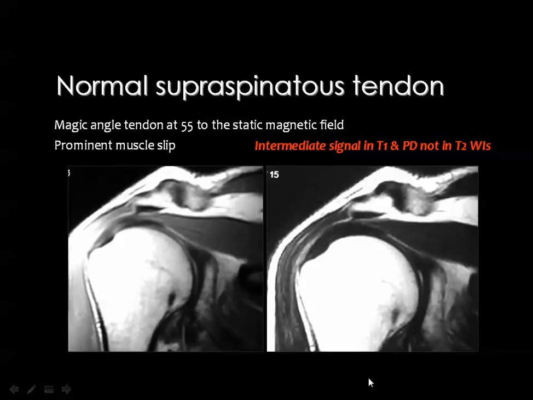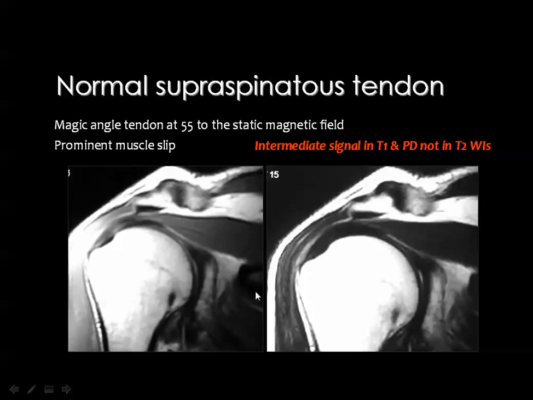Then we have the abnormalities in the tendon, and the first is the detection of an intermediate signal within the tendon substance which is not seen in T2 weighted images, and this is considered normal. On examination of the shoulder, you may identify, and this is a frequent finding, of course, intermediate signals within the supraspinatus tendon, but in the T2 weighted images, you can notice that the tendon is normal.